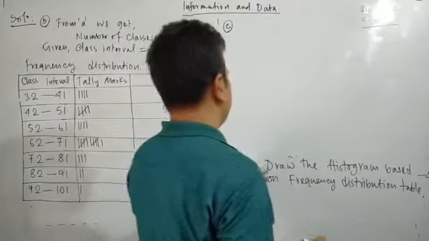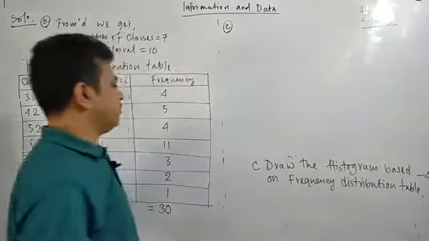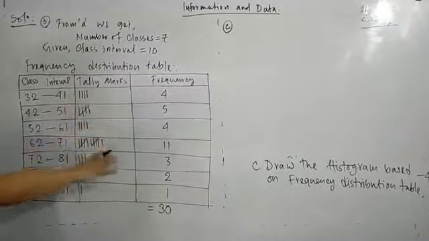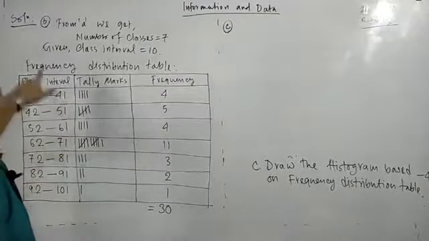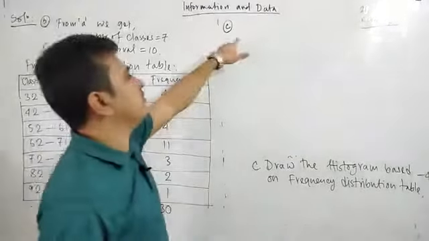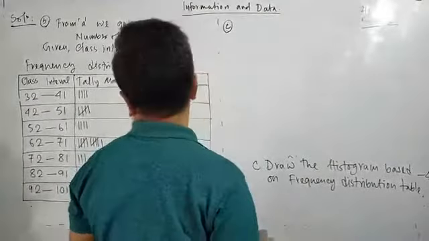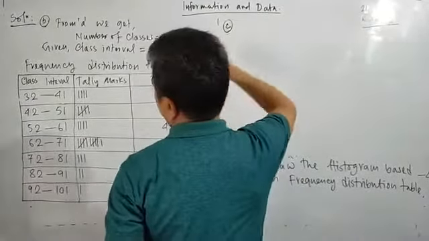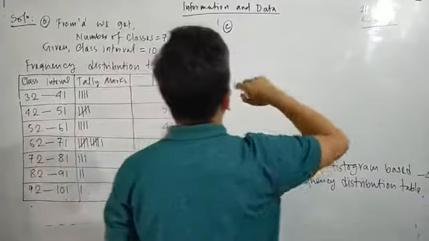We have to draw a histogram based on the frequency distribution table. This is the frequency distribution table you got in number B. This is C, so how to do it? First we find the continuous class interval.